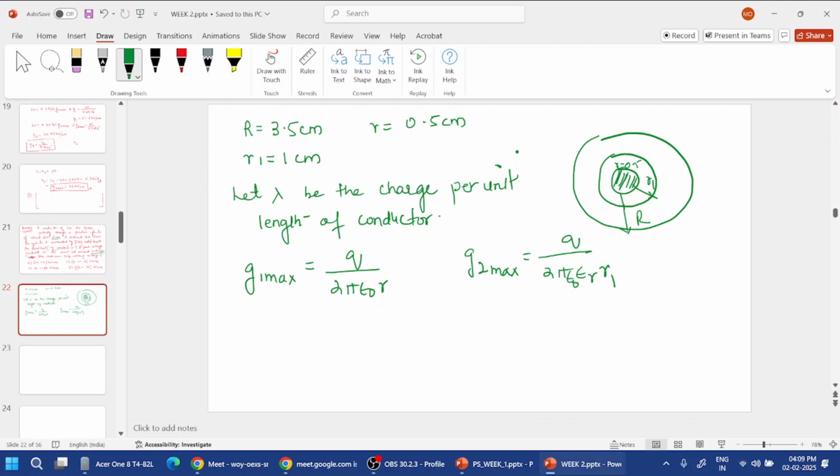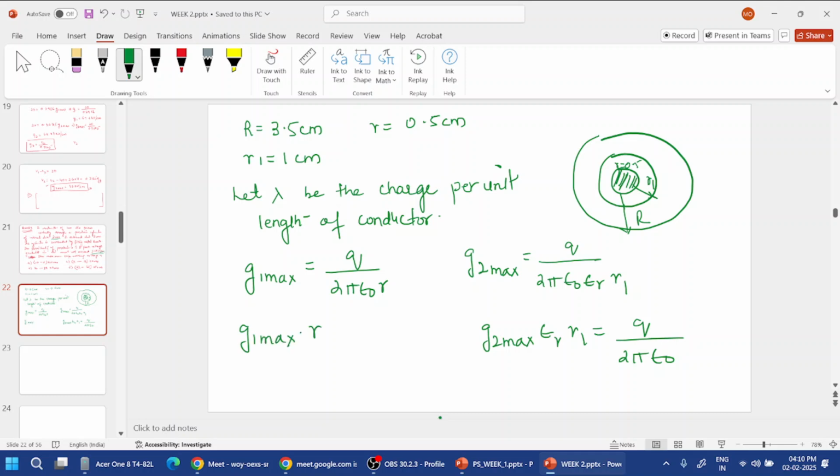Basically G2 max is equal to, just a second, because the material has changed, the relative permittivity is there, so Q upon 2 pi epsilon naught epsilon R R1. Now if we multiply G2 max by epsilon R R1, it comes out to be Q upon 2 pi epsilon naught. And this Q upon 2 pi epsilon naught will be equal to G1 max into r.